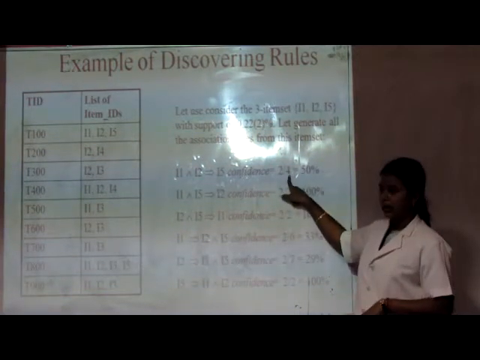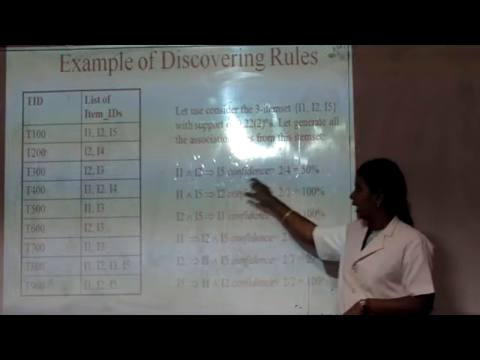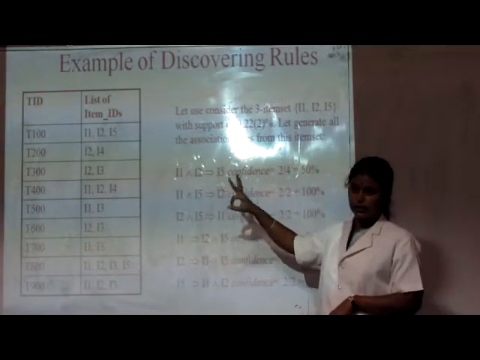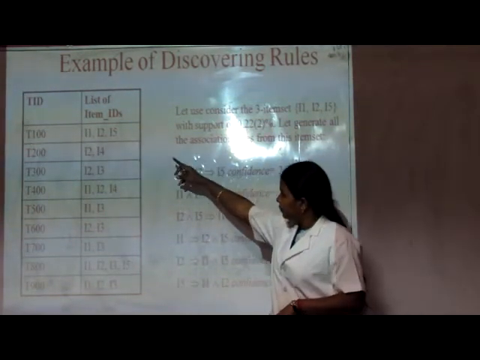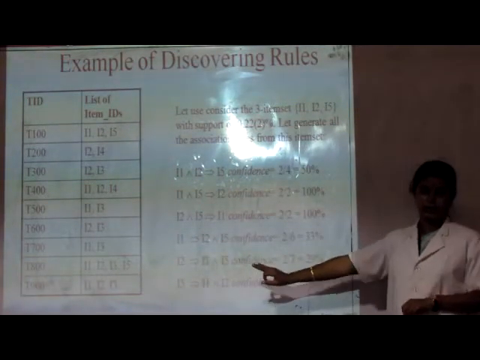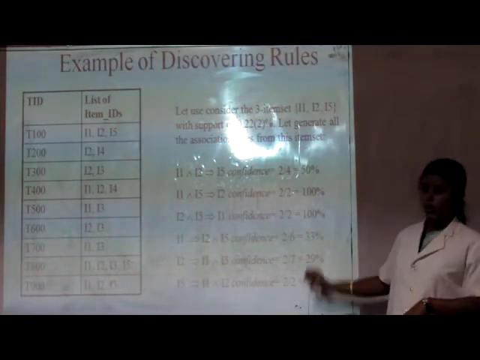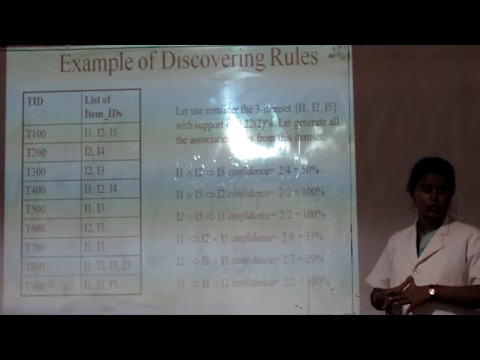So 4. And then X and Y. So how many transactions included both I1, I2 and I5? First one and then here I1, I2, I5. So number of transactions is 2. So 2 by 4 will produce your confidence level. Okay, so this has to be considered.